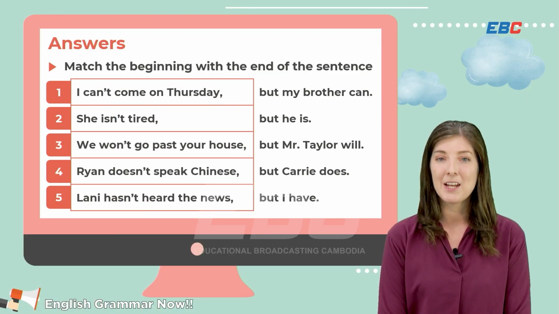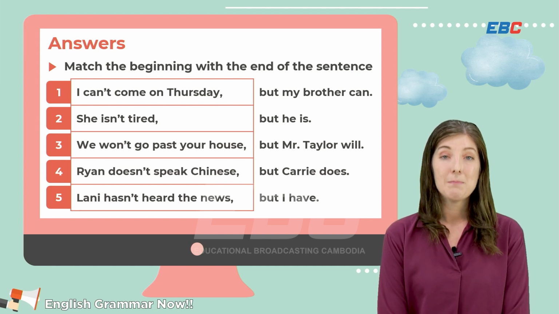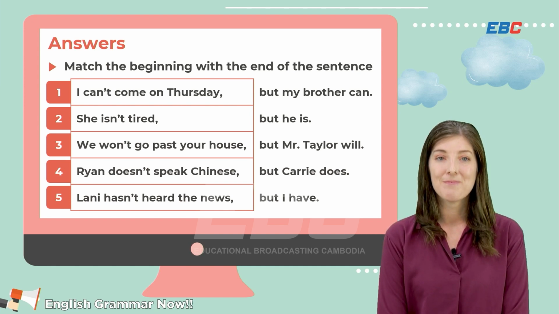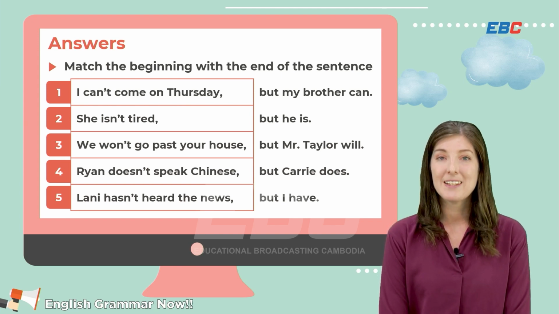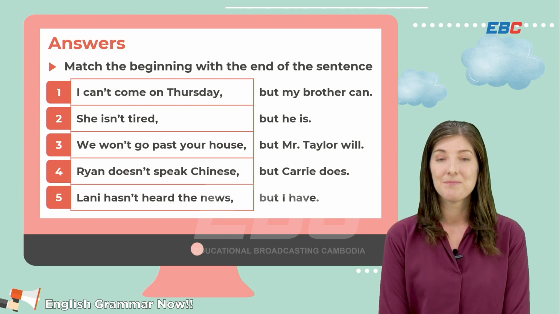Here's how we would match these sentences. Number 1, I can't come on Thursday, but my brother can. Number 2, she isn't tired, but he is. Number 3, we won't go past your house, but Mr. Taylor will.